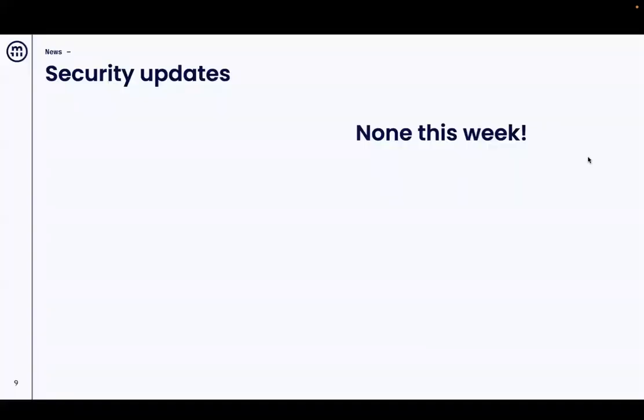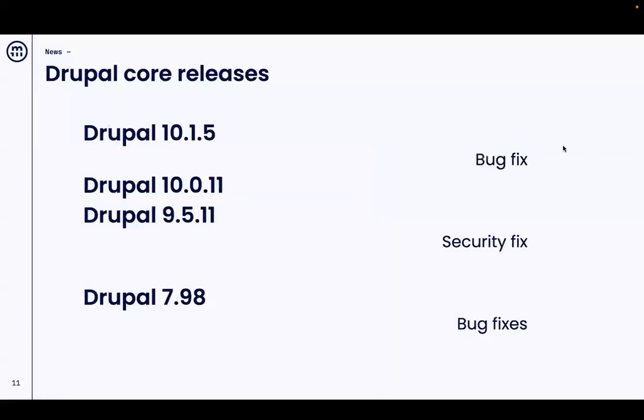So no security updates this week, a quiet week to give everybody time to get their Drupal cores up to date, finish migrating to Drupal 10, etc. And there hasn't been a bug fix update or release for Drupal core this week either. So the latest is 10.1.5.